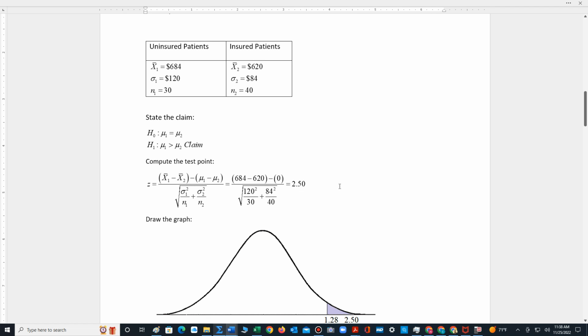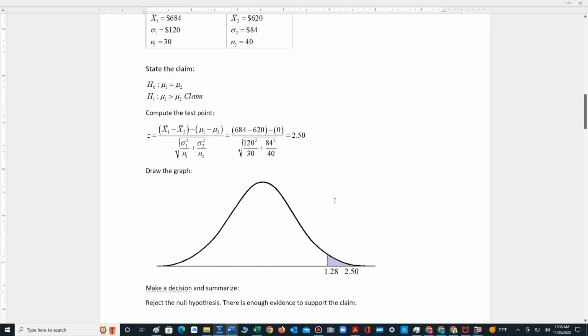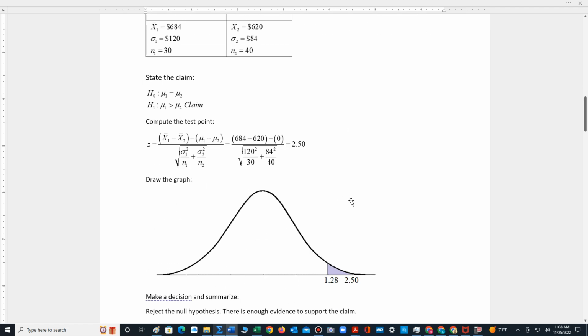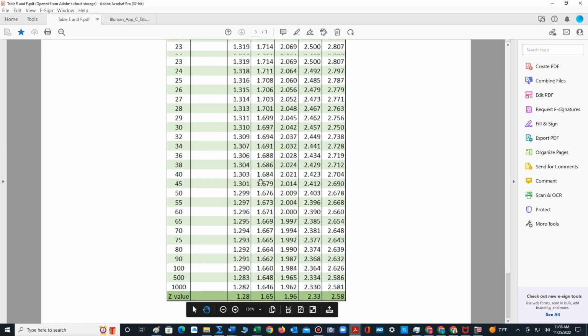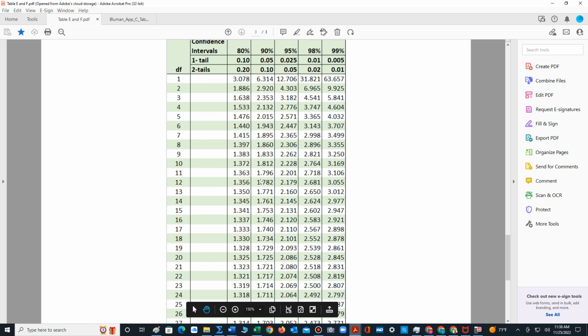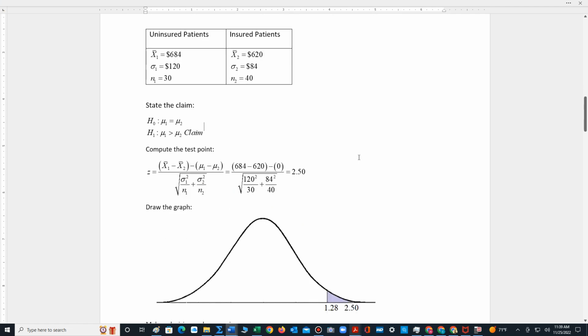Since we have a greater than, it's a right tail test. We look up the critical value in table F. It's a one-tailed test. Let me just go back and double check alpha. Alpha's 0.10.